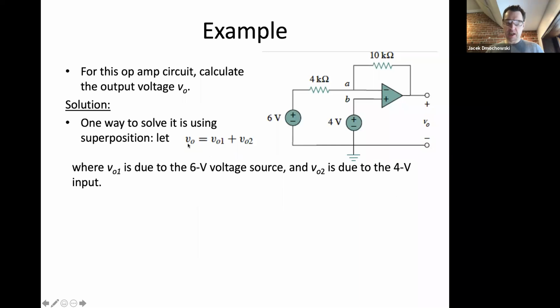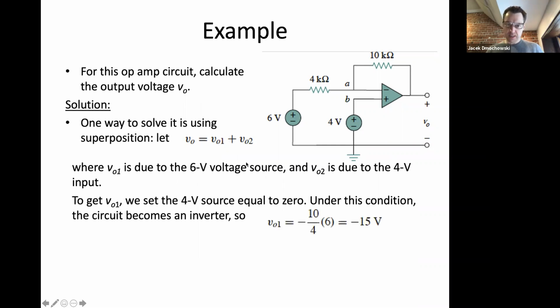So let's decompose the output voltage into 2 terms, V01 and V02. V01 is the output voltage due to the 6-volt source, and V02 is due to the 4-volt source. Let's set the 4-volt source equal to 0. Pretend for the time being that this battery has been disconnected.